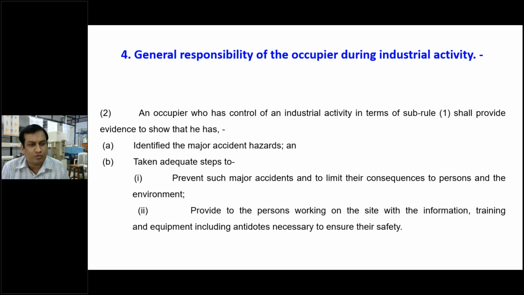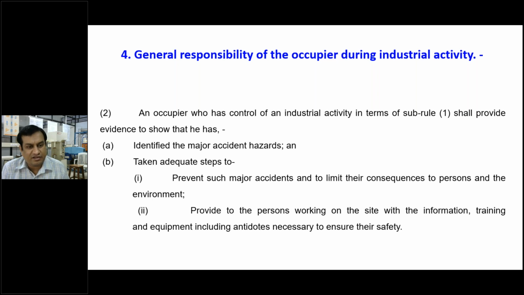So if any potential is there in the process, in the machinery, in the storage, in the manufacturing steps, if any major accident hazard is there, that should be identified, and the occupier should take adequate steps to reduce and control this major accident hazard.